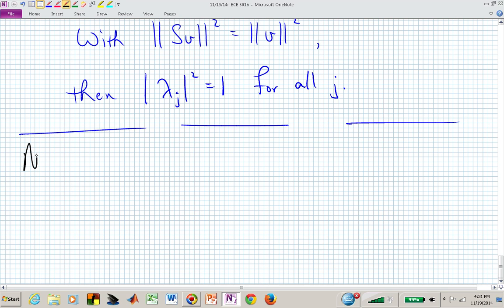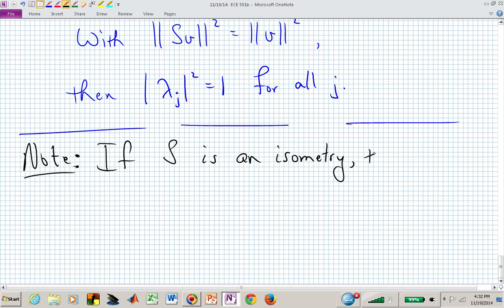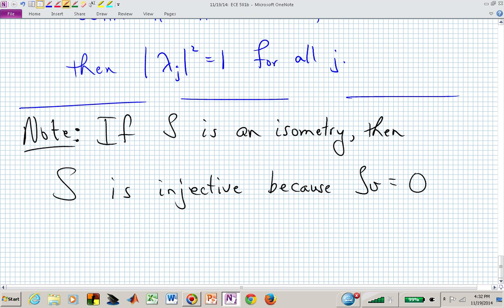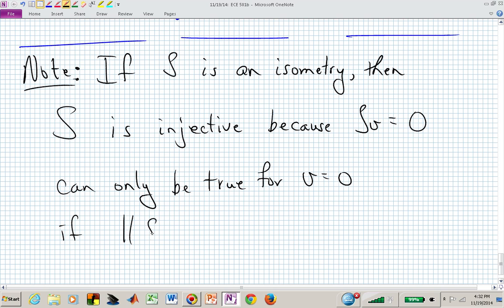The other thing that we can observe, which is what I commented on when we were first stating the goals, is if S, this linear map, is an isometry, then S is injective, because SV equal to 0 can only be true for V equal to 0, if the norm of SV is equal to the norm of V.